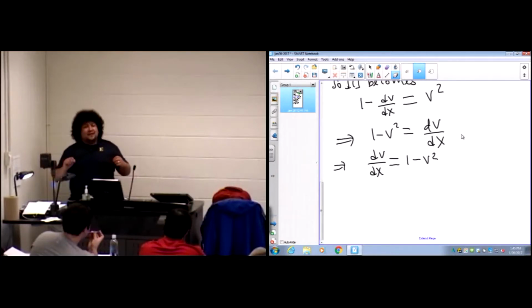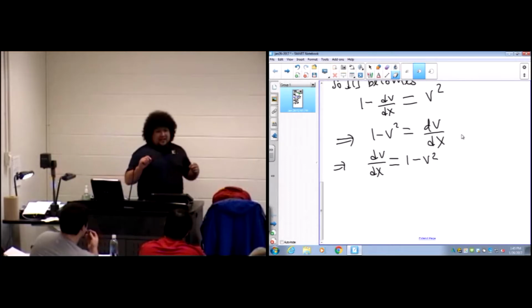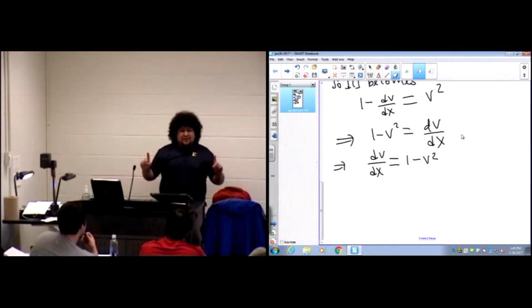However, we can use a technique to take care of this, because we're interested in v as a function of x. So we could do what? Separation of variables, right?